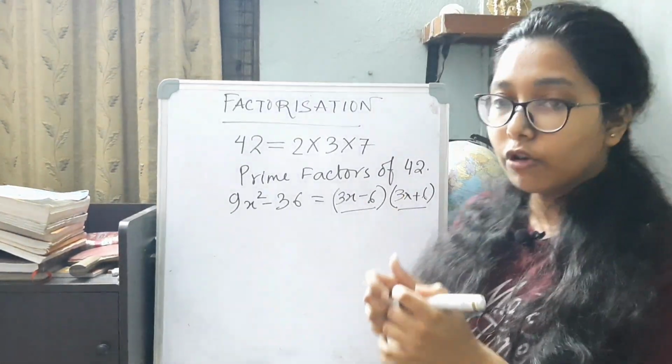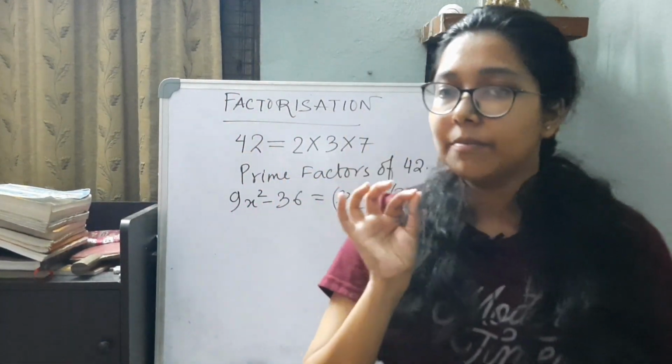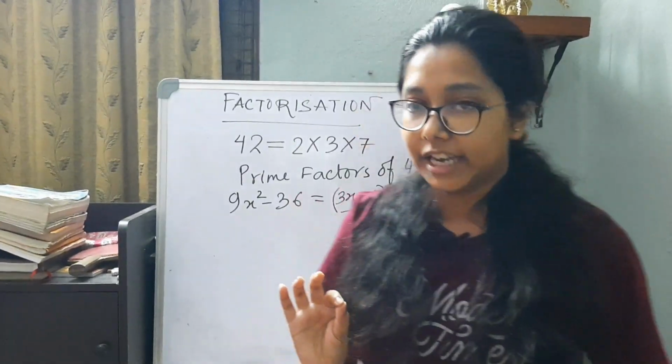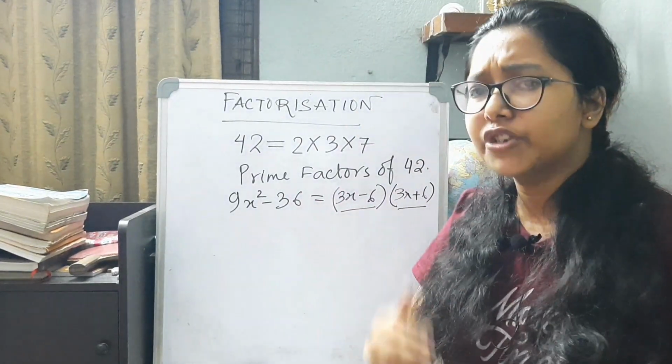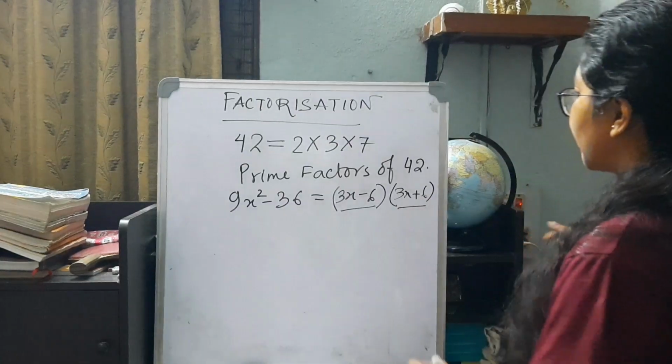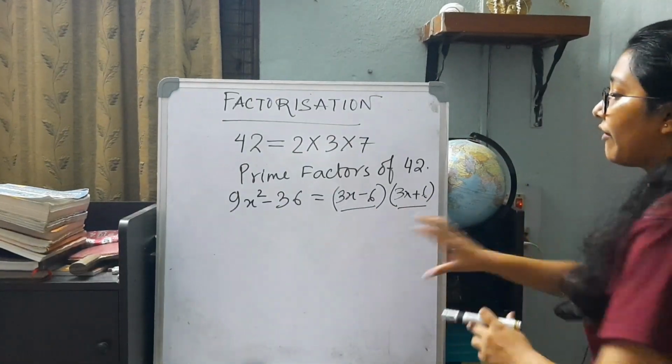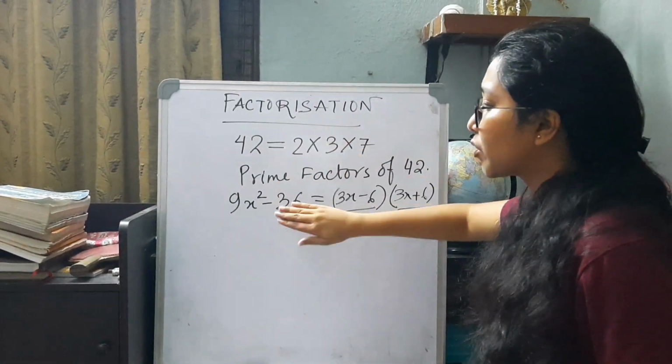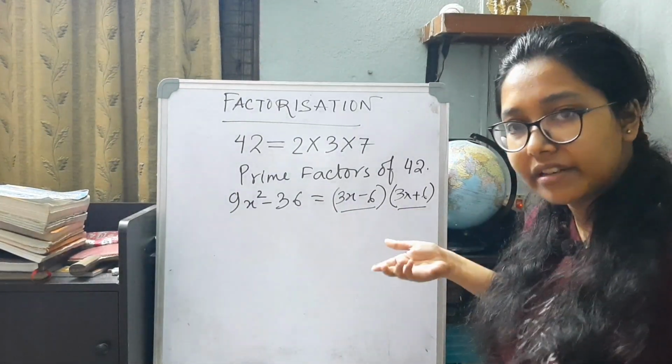Now we will move forward to factorization, but before we start, just remember one thing: factorization is the reverse process of multiplication. Why? Because we have factorized 9x square minus 36 into these two factors.